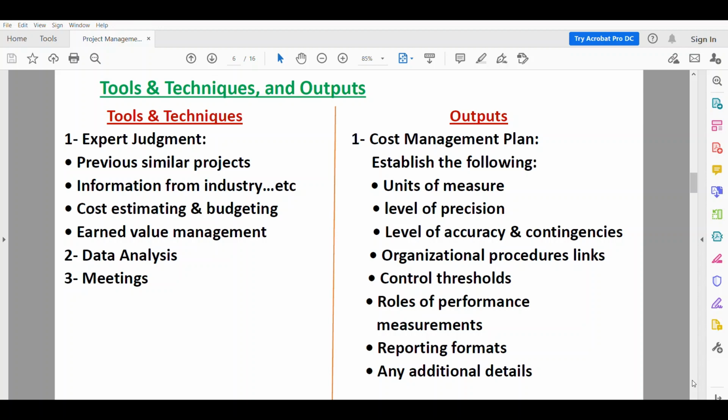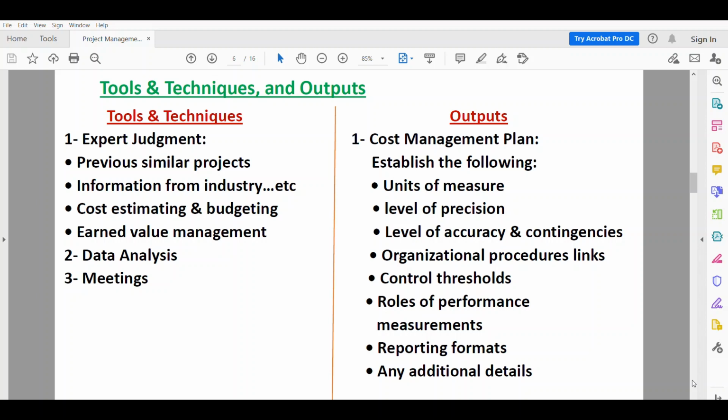The second one, the cost management plan will establish the level of precision. How much precision do you need? Say this costs $1,000, or you need 1,000.95. So this will be fixed in the cost management plan.